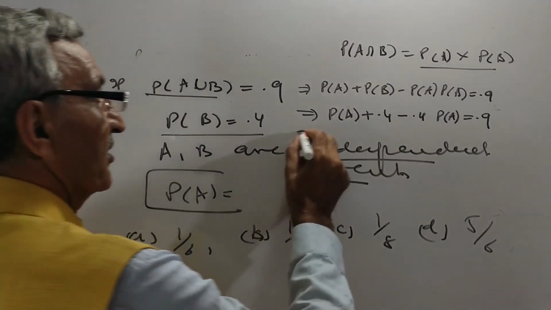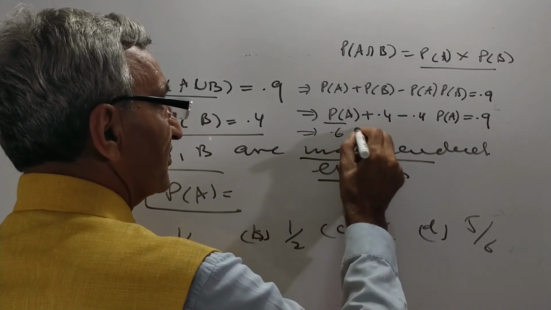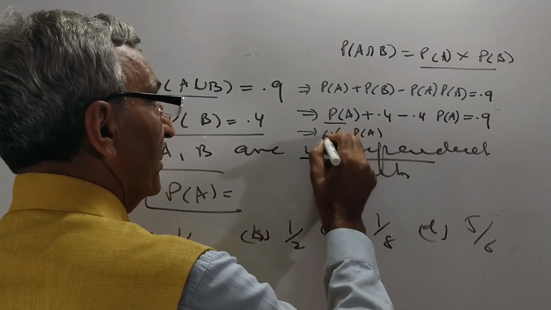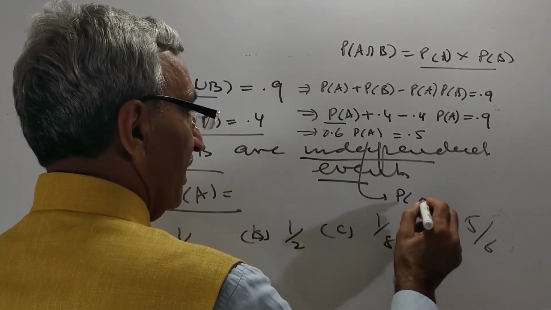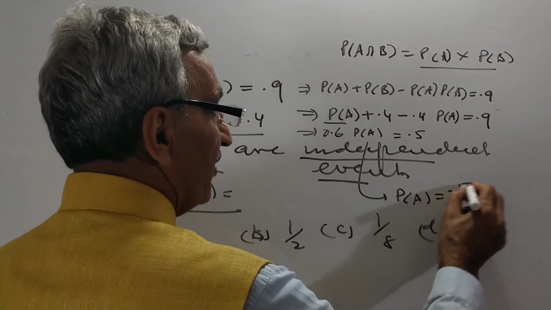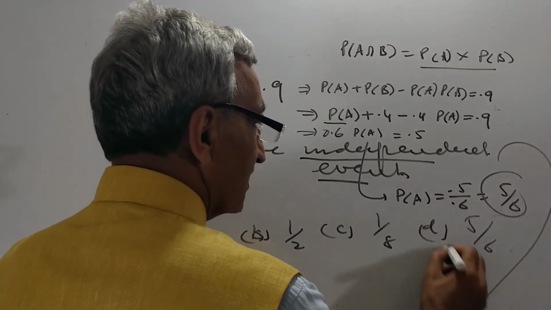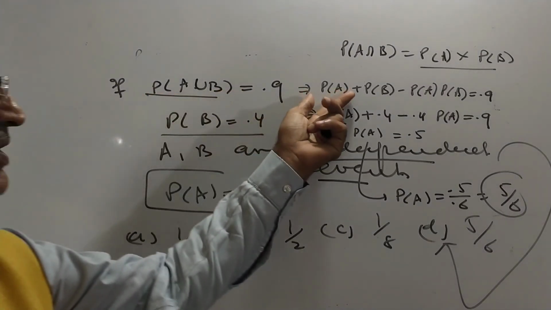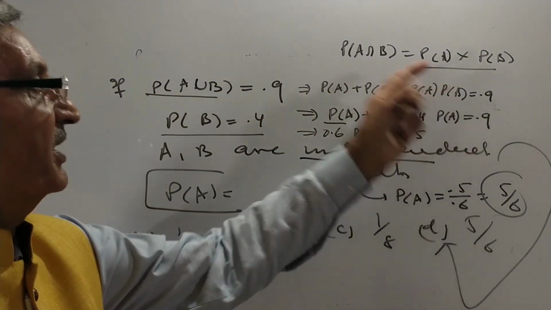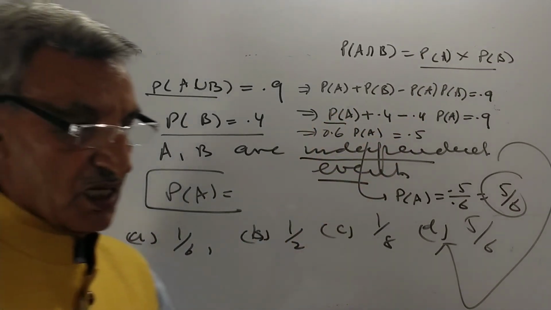Therefore, 1 minus 0.4, 0.6 into probability of A is equal to 0.5. Therefore, probability of A is equal to 0.5 by 0.6 and I got 5 by 6, which is D, the answer. So friend, I used here A union B, probability of A minus A and B, put the value and you get the answer.